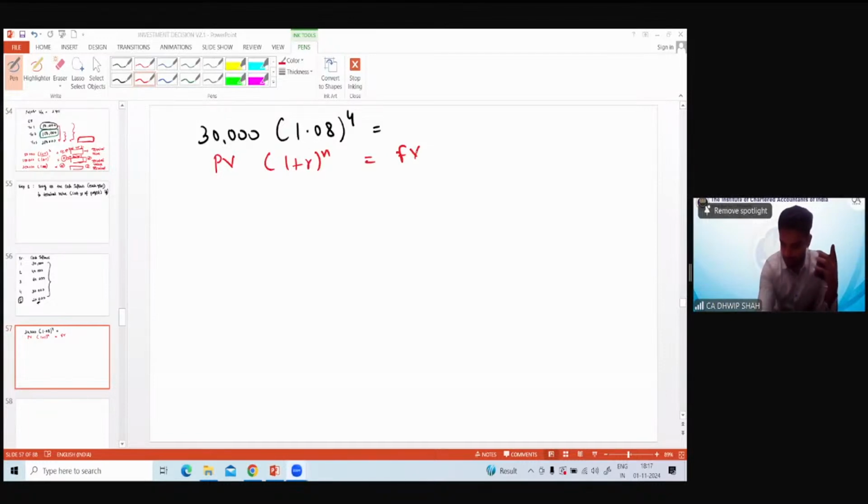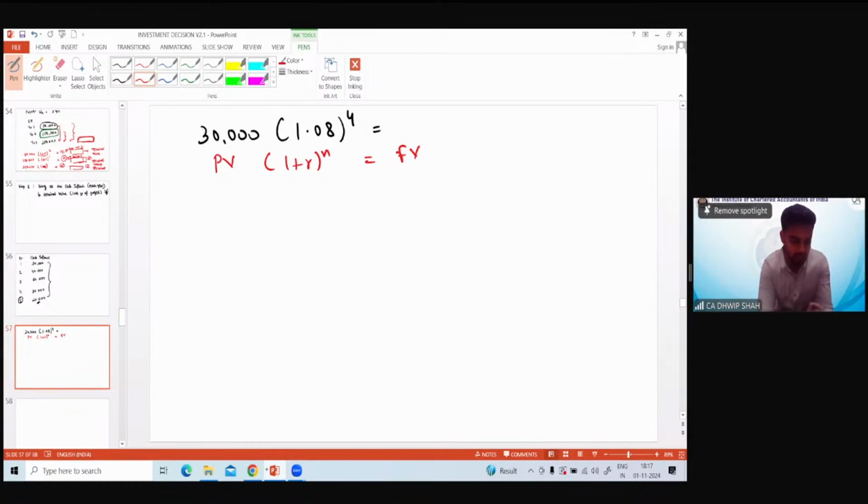Understood everyone till here? Yes, correct, Kasak. Kasak's understanding is very correct. I hope you know how to calculate 1.08 raised to 4 in the calculator.